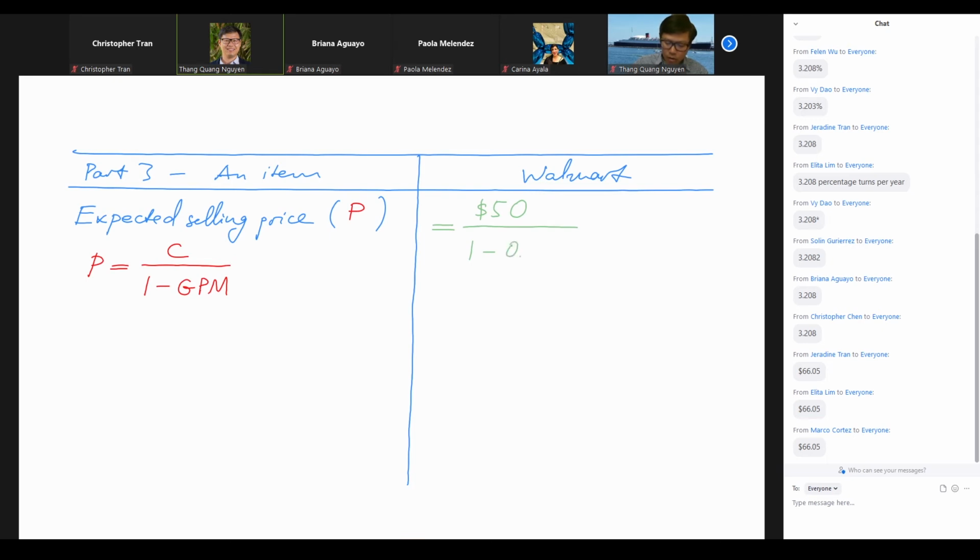So it should be 0.2430, right? 24.3% is 0.2430. And then by the order of operation, you need to do the subtraction first.